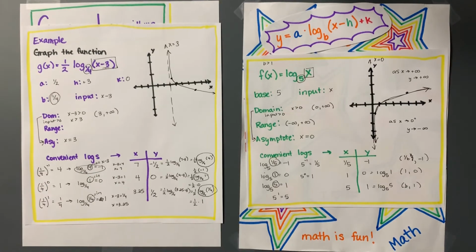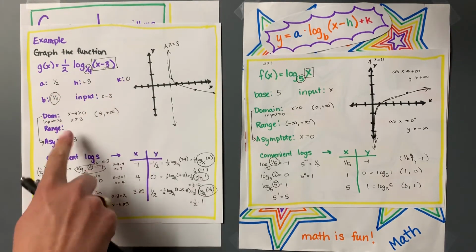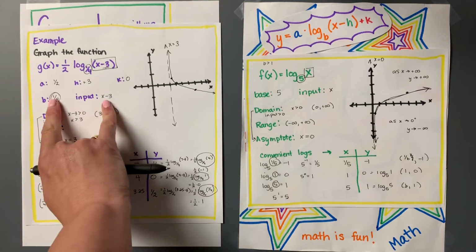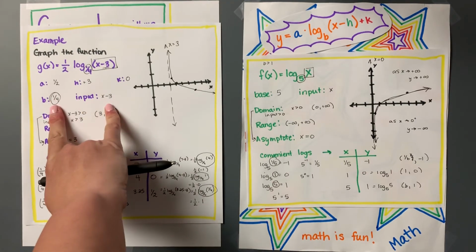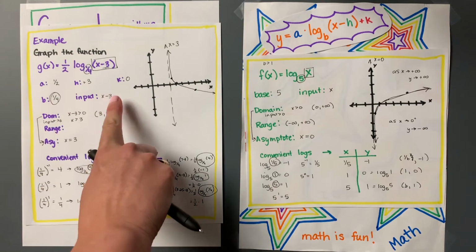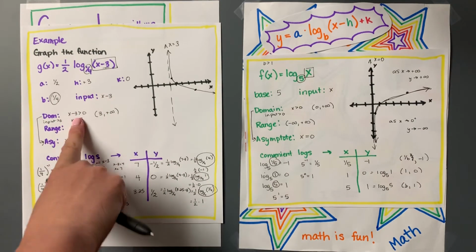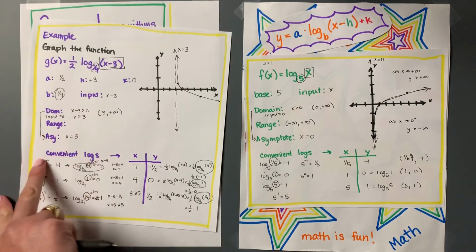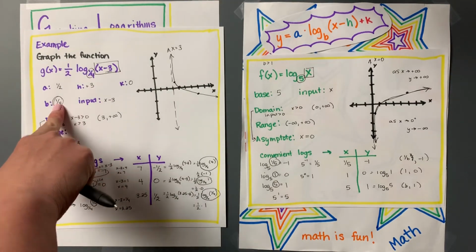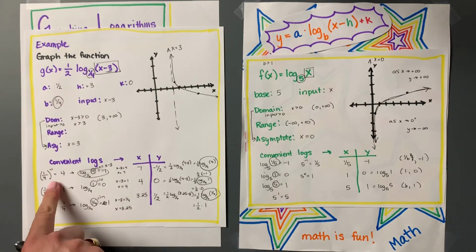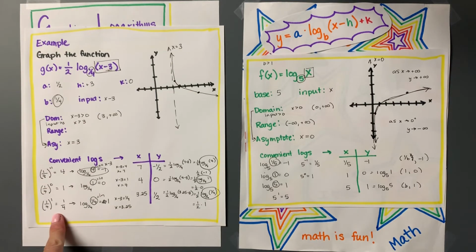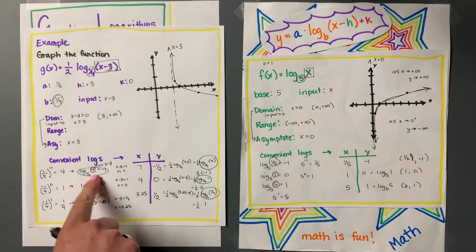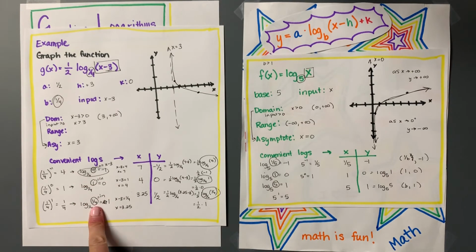So again, in our process, we want to identify some key things. I would say that identifying your base and your input are going to be the most important. Your input is going to help you find your domain, which will then help you find your asymptote. Your base is going to be used to help you write 3 easy exponential functions to get 3 convenient logarithmic functions.